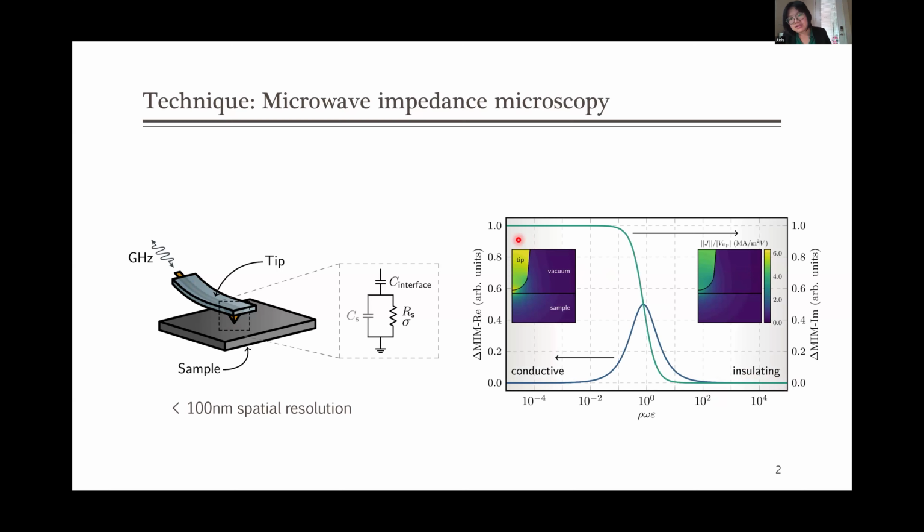On the other hand, when you have a metallic system, then you will have a lot of back reflection due to the screening of the electric field from the tip, and so you will get the largest signal from the reflection. So you can understand this type of technique as a local measurement of conductivity. Of course, in the other channel, without going into too much detail today, this technique is also sensitive to local permittivity and other responses.